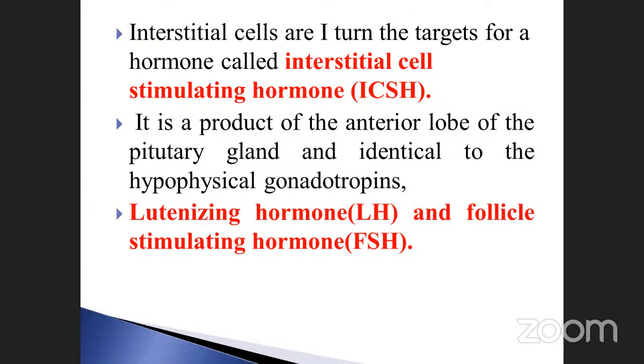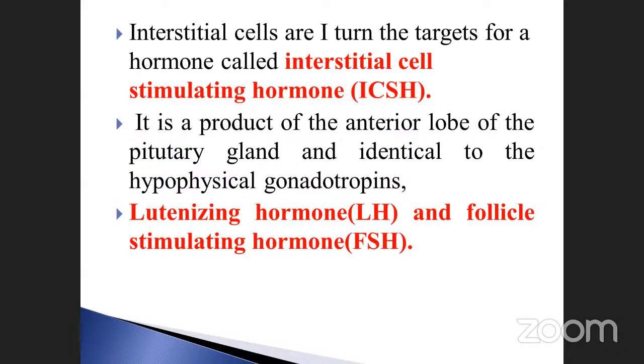The interstitial cells are the target of a hormone called interstitial cell stimulating hormone, simply denoted as ICSH. It is a product of the anterior lobe of the pituitary gland; there are anterior and posterior lobes in the pituitary gland. It is identical to the hypophyseal gonadotropin.